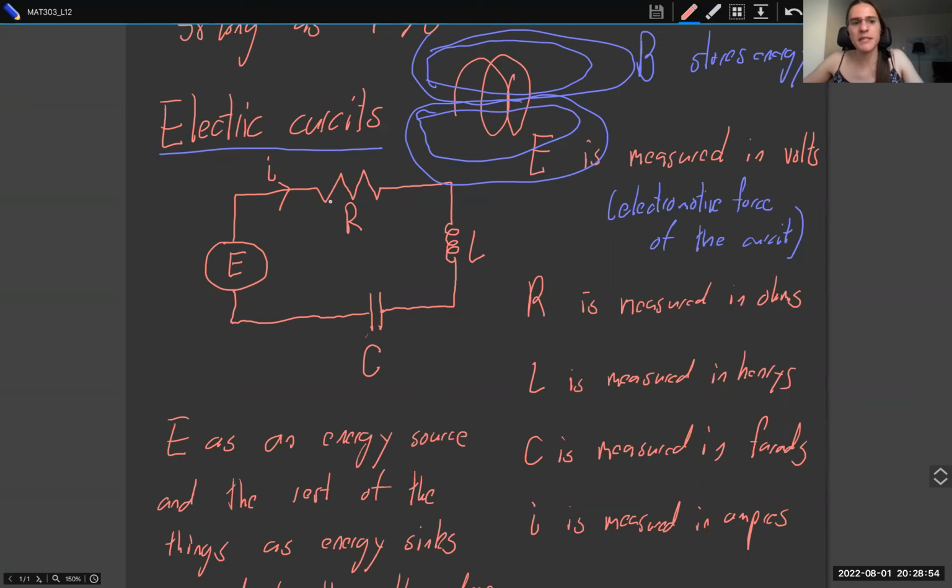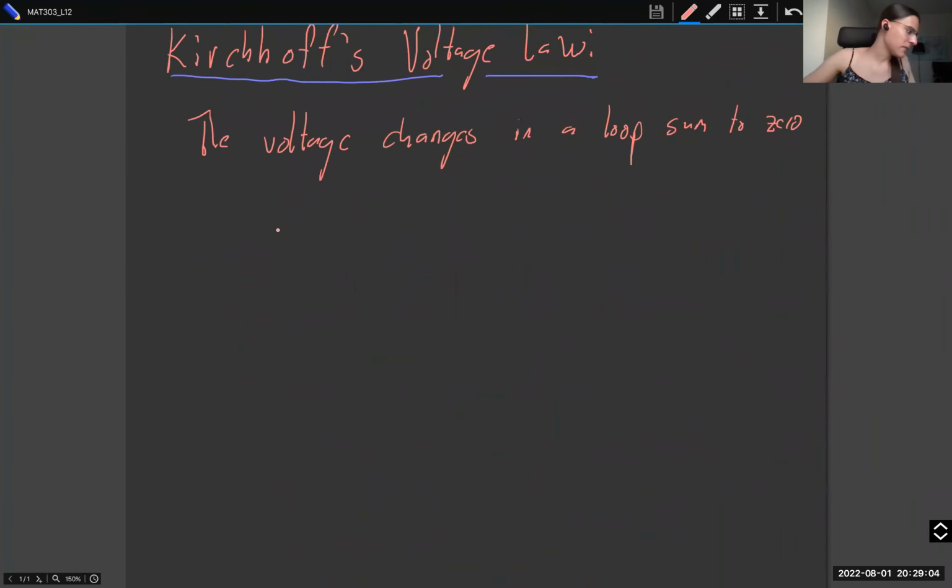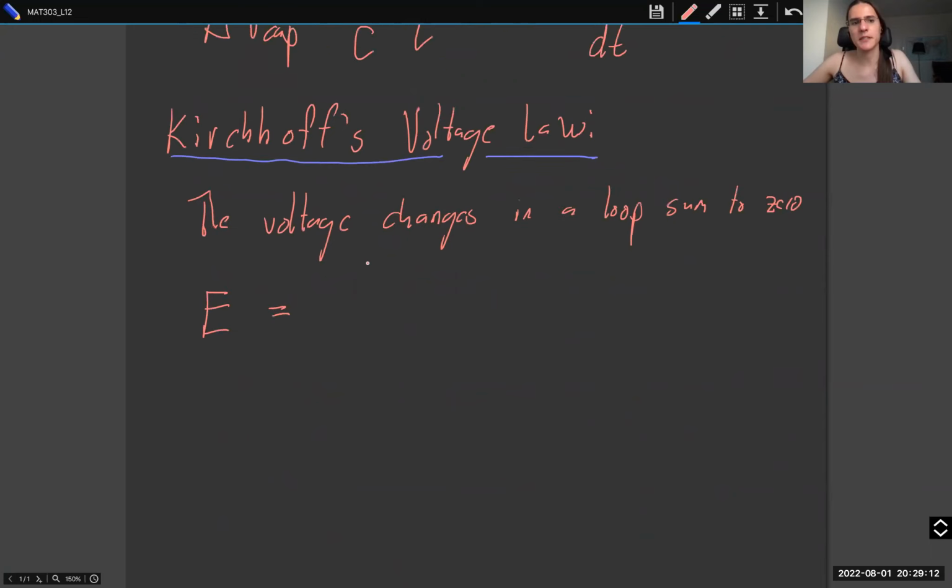There's going to be a potential drop across all of these elements, but then a potential increase across E. So E is equal to the sum of the drops.